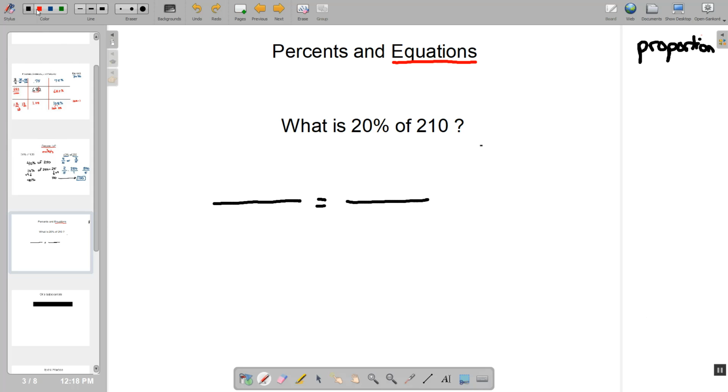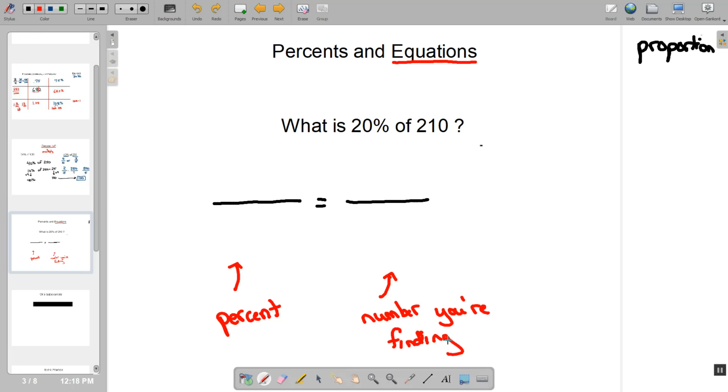Well, fraction number 1 is going to be the percentage. Now it can be either or, but I do the percent on the left. It does not matter. And then the number on the right is going to be what you're finding. In this case, we're looking for 20% of 210, so whatever that is equal to is the number we're finding. So the percent actually fills out very quickly. 20% is just the fraction 20 out of 100.